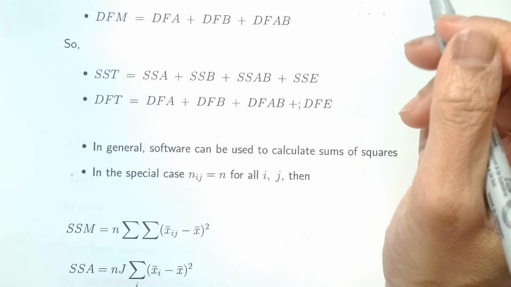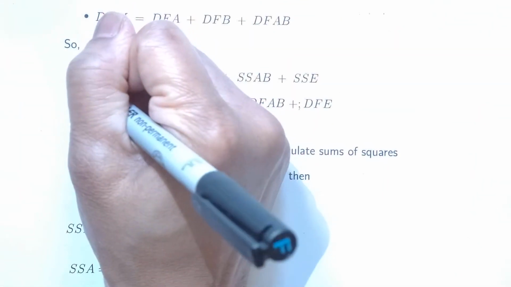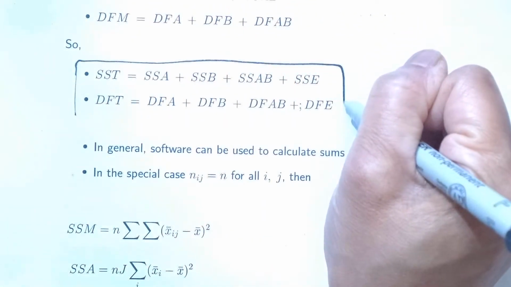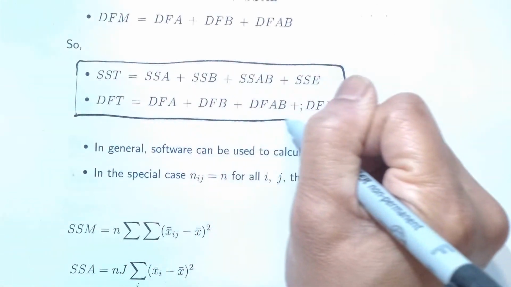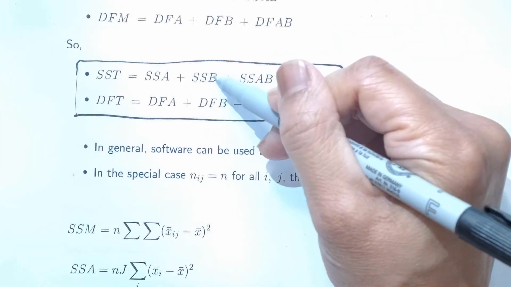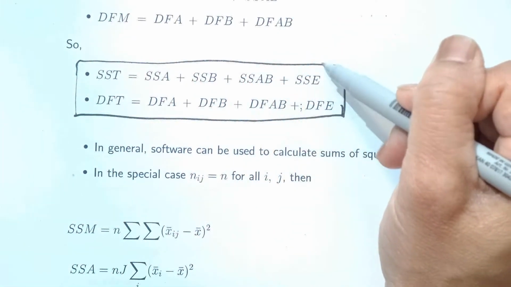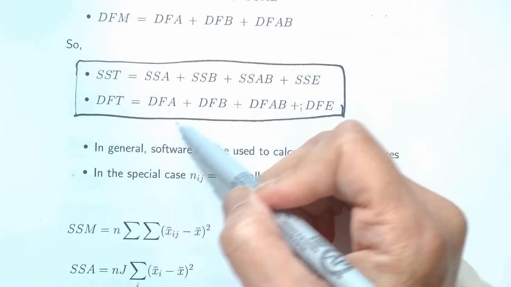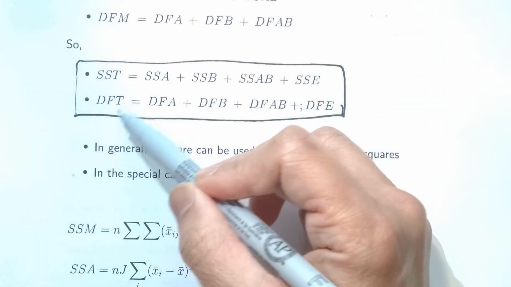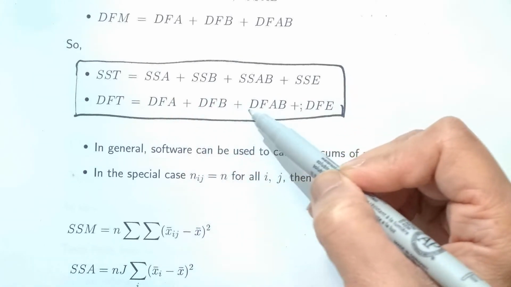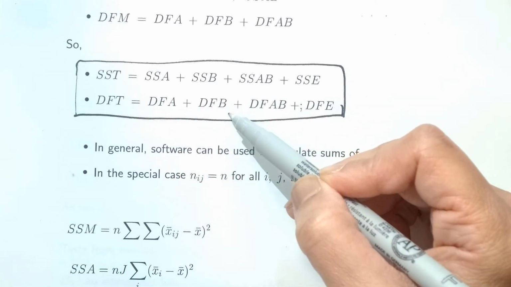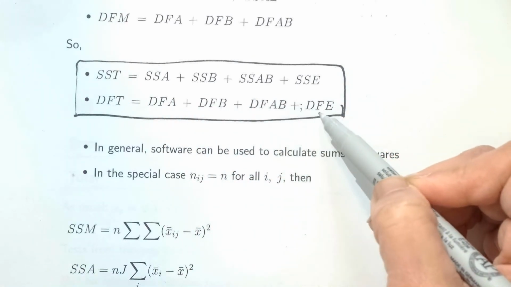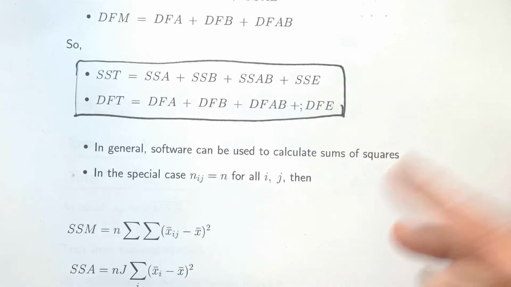So instead of SSM, we can have the sum of squares for A plus B plus AB plus that error term. And the degrees of freedom total is also the degrees of freedom for factor A plus that of B plus the interaction plus the error.